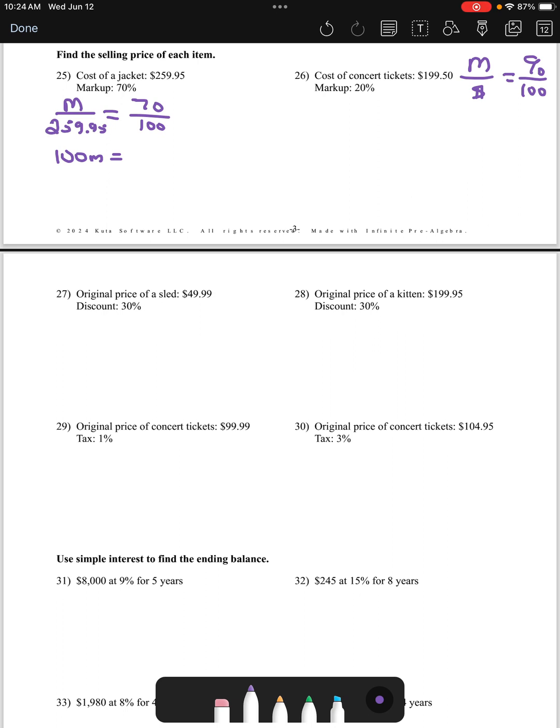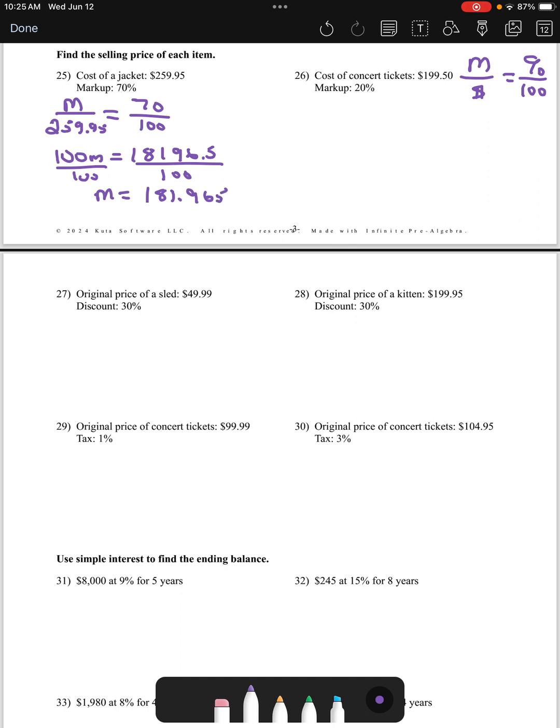So 259.95 times 70, using a calculator. That gets me 18196.5. Dividing by 100 gets me 181.965.